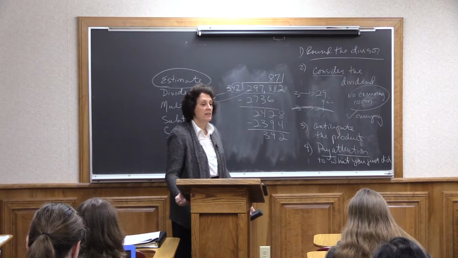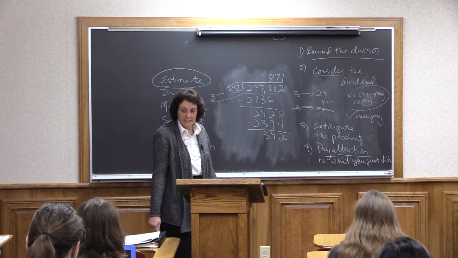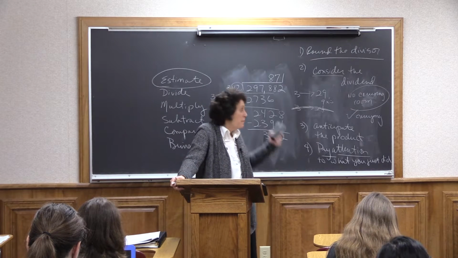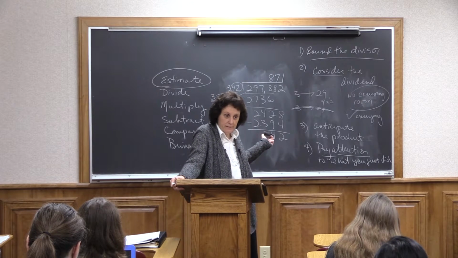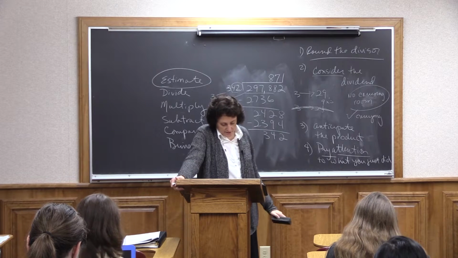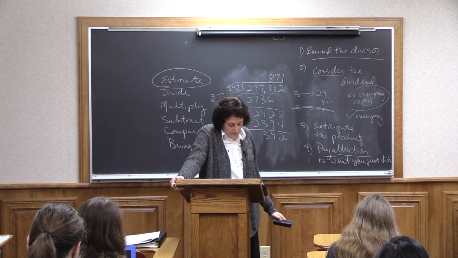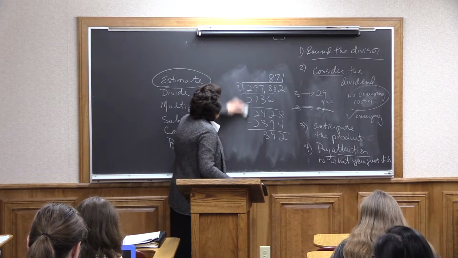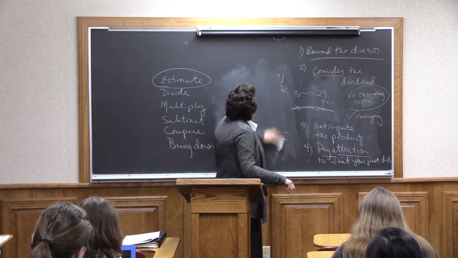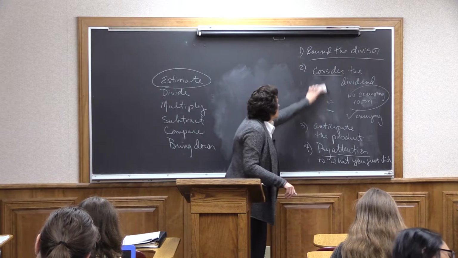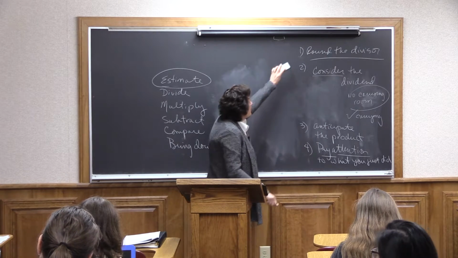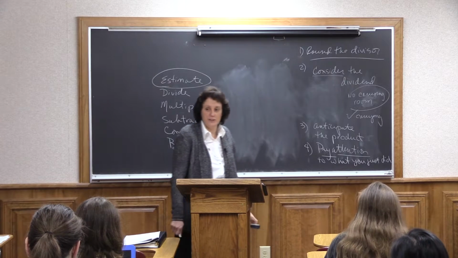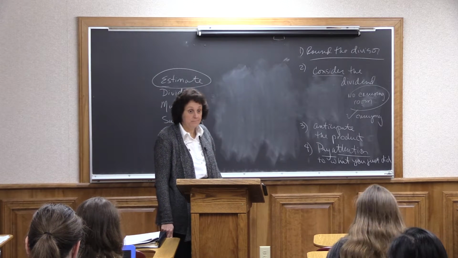So division, with practice, yes, we'll get faster and faster, but it'll be even better if we practice estimating with our students. Okay, so I rounded down. So remember, you have to have a caution with rounding. The more you round, the less likely you're going to get the correct quotient.